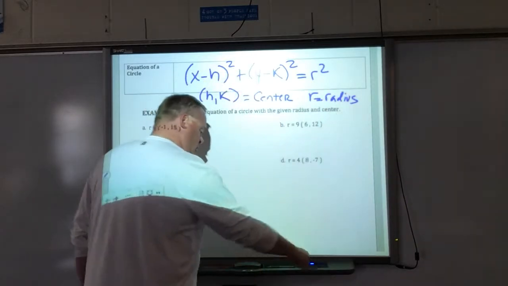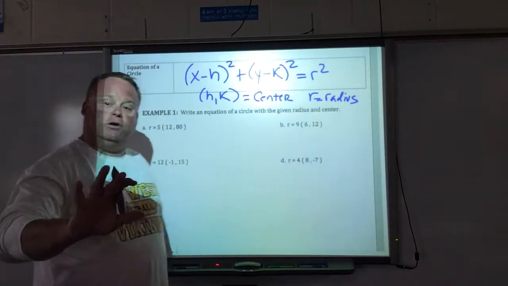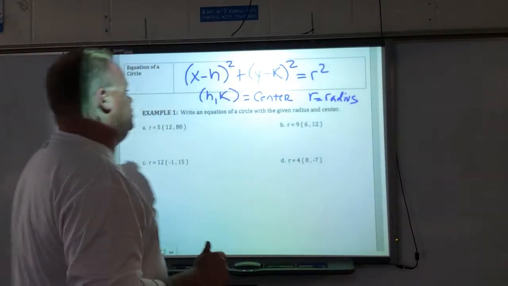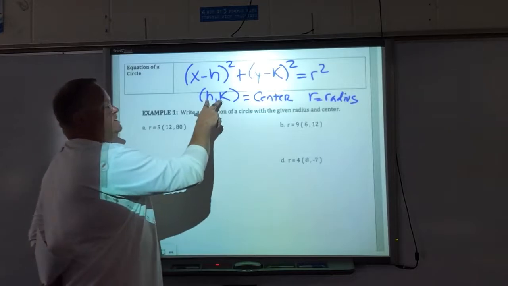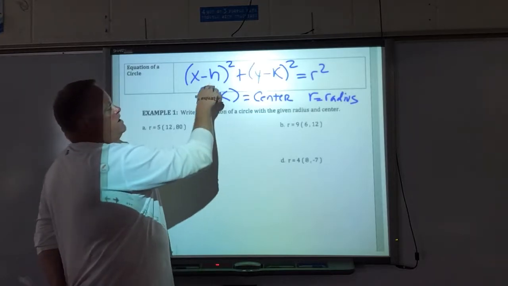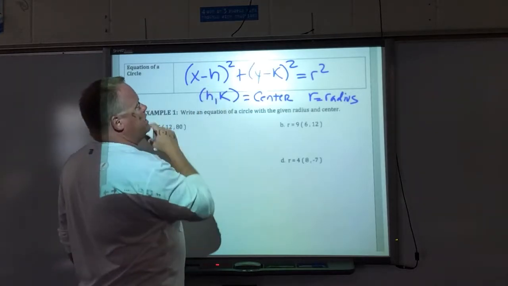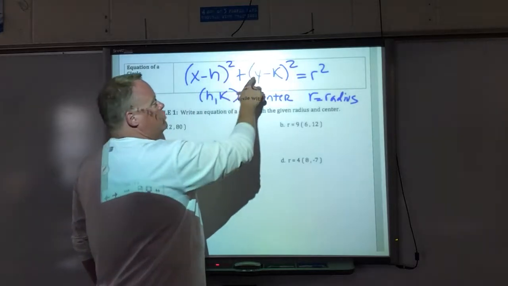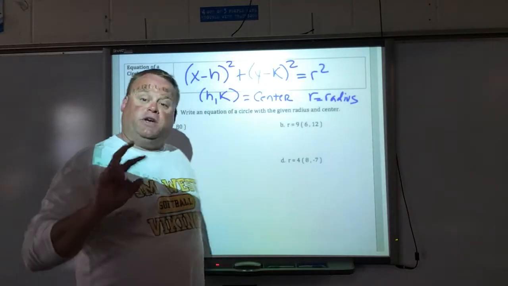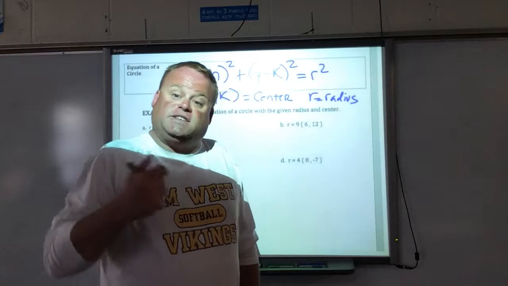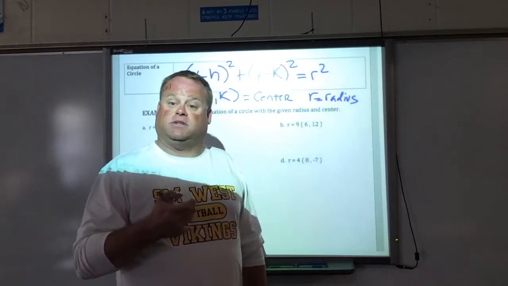Okay. Well, one of the things to note here as we're doing this is you'll notice that my center is (h, k). Well, in the formula, it's x minus h and y minus k, which means whatever your center is, inside the formula is going to be the opposite sign.